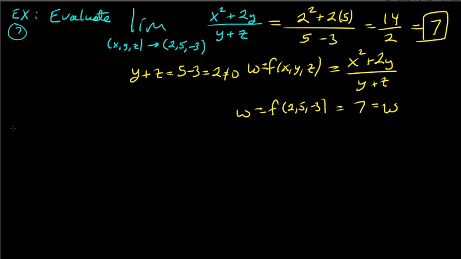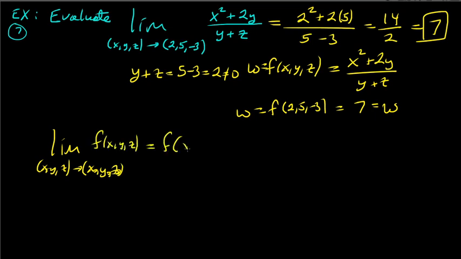Remember, the definition of continuous is that if the limit is approaching, say, x0, y0, z0 of the function f as a function of x, y, and z, if you plug in x0, y0, and z0 and you get the limit, then you know f is continuous at that point.